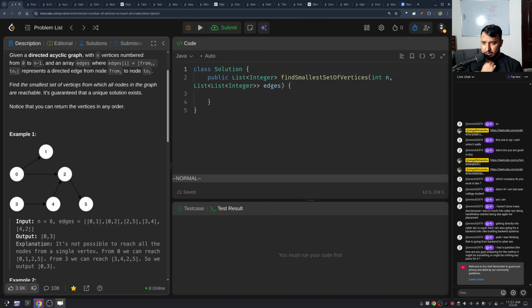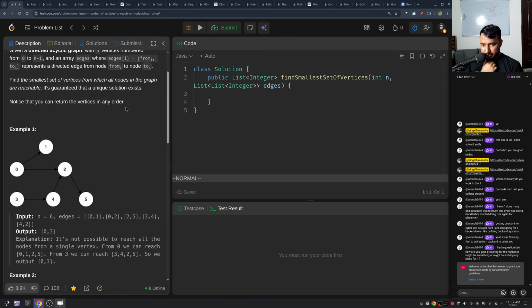Find the smallest set of vertices from which all nodes in the graph are reachable. It is guaranteed that a unique solution exists. Notice that you can return the vertices in any order.